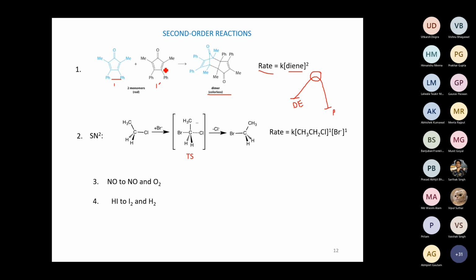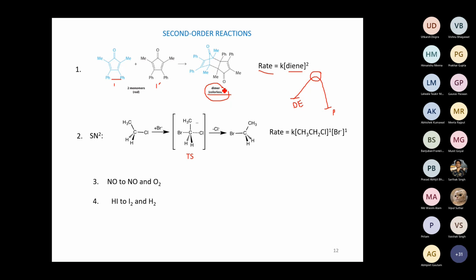This is a 4+2 cycloaddition. Definitely this dimer will form. How will the dimer form? Basically by the reaction of two monomers. It's very simple, and that is also consistent with our rate law. Rate law is telling this is second order with respect to the diene. So two molecules of diene need to come close to each other and undergo reaction in the transition state.